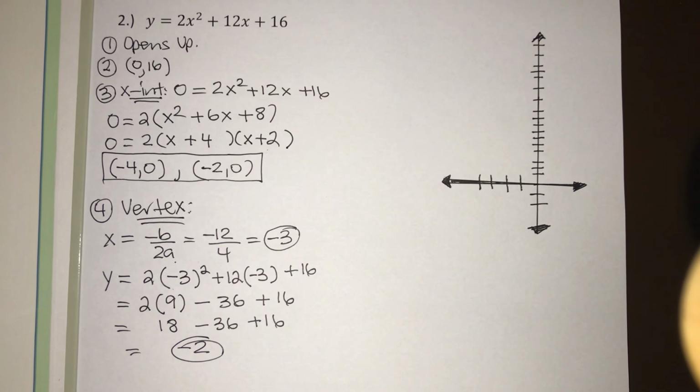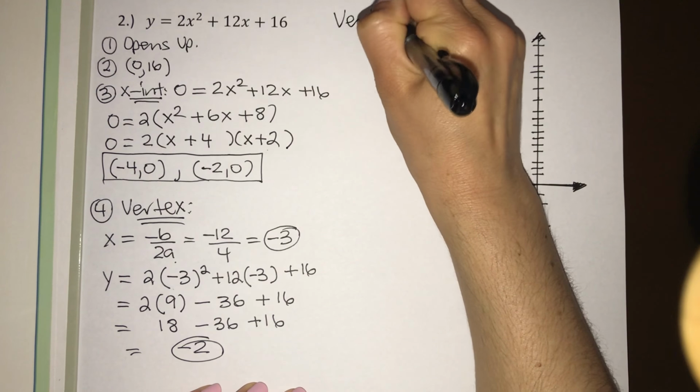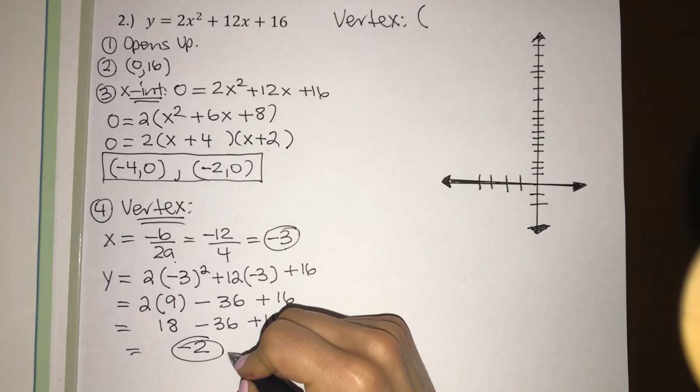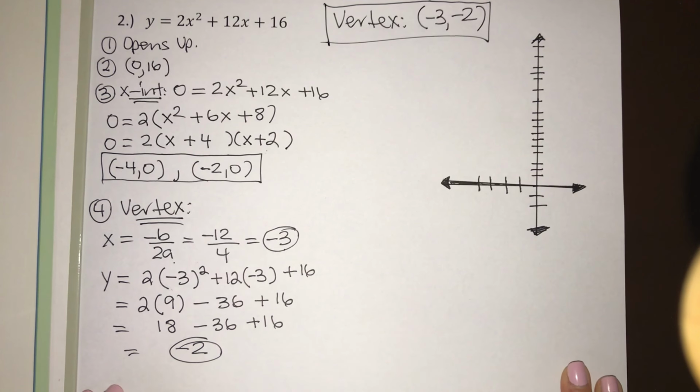So our vertex is -3, -2. Okay, now we're ready to graph and find the other things that we need.